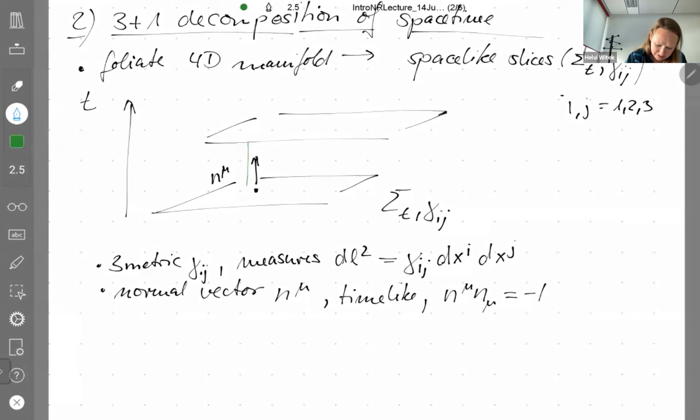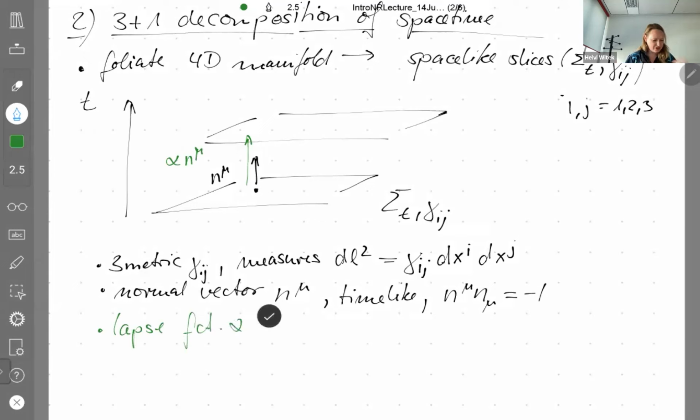So we typically call the lapse function alpha. You may have also seen people calling it capital N if you're more familiar with, for example, post-Newtonian calculations. But in numerical relativity, we tend to call it alpha. So this is our lapse function.